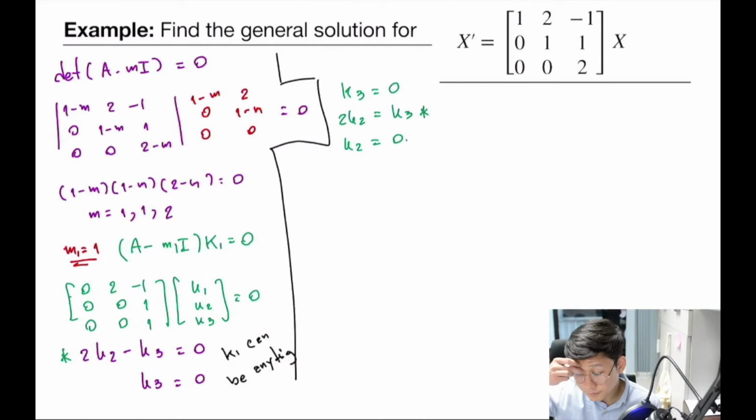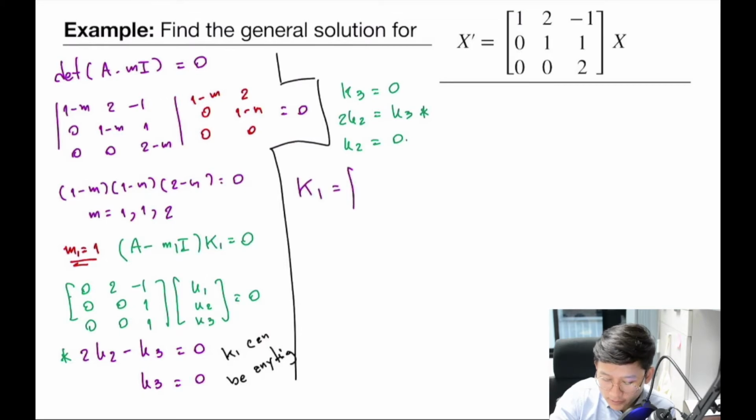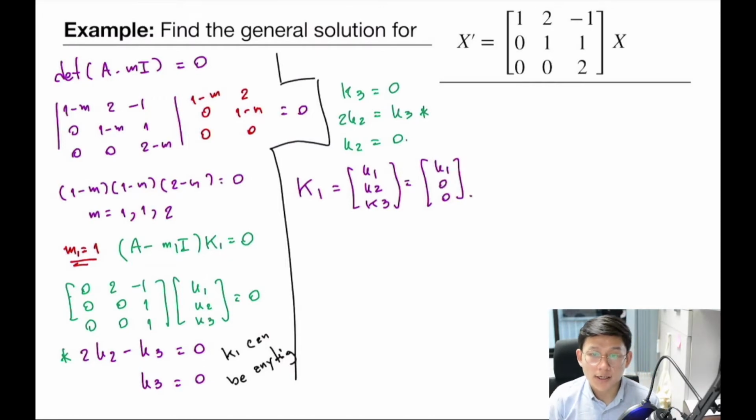In that case, we would have that K1 is k1, k2, k3, which is k1, 0 and 0. Here it is the same as writing k2 in terms of k1 and k3 in terms of k1, but you don't have k1 here.